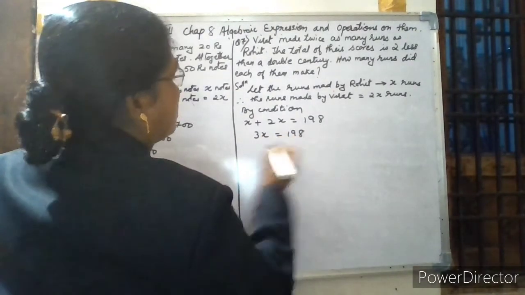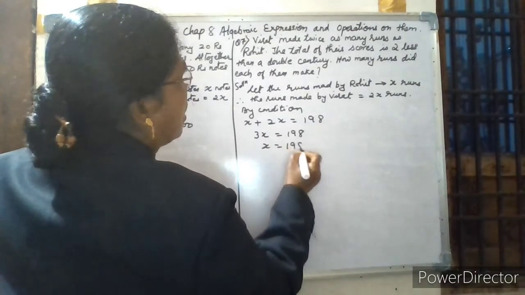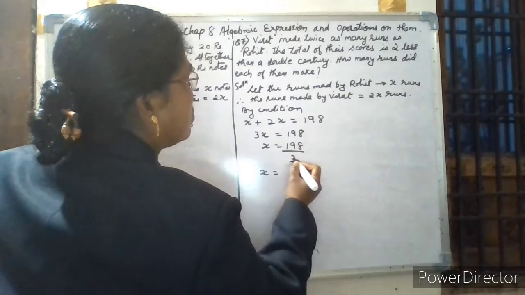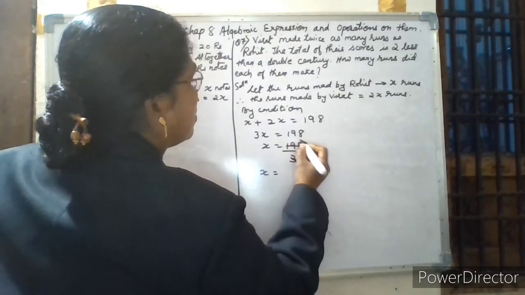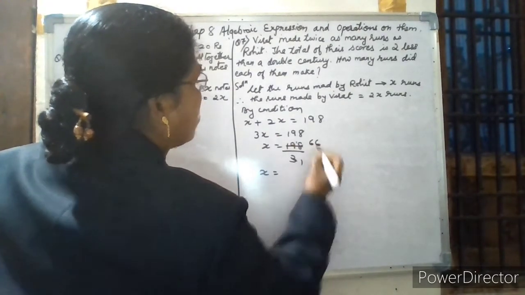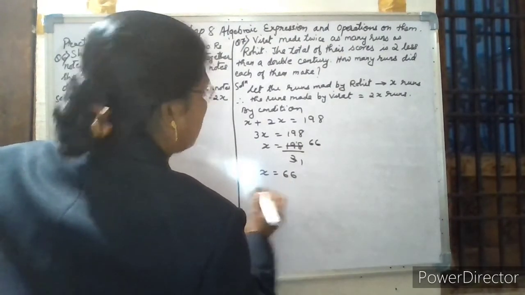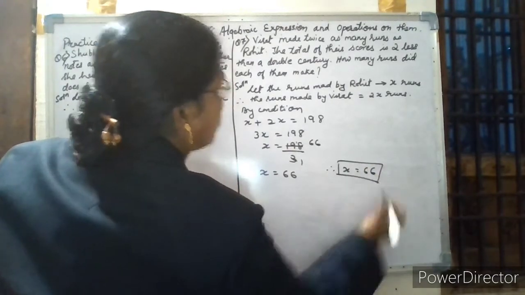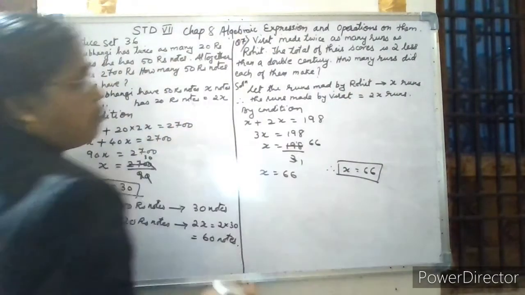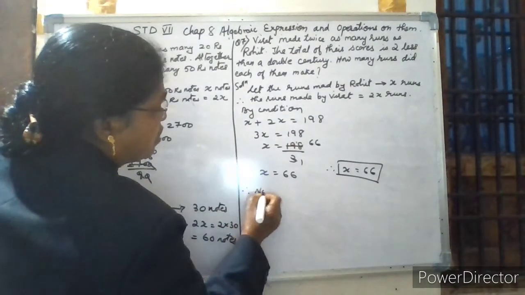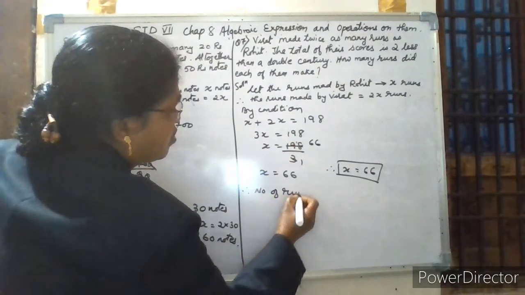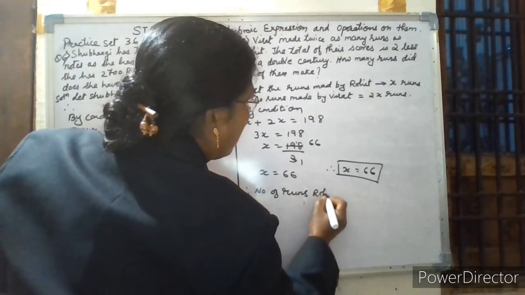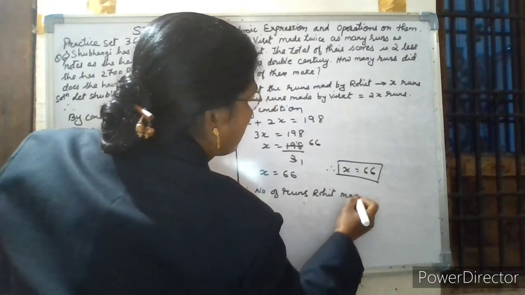X is equal to 198 divided by 3. So 3 ones are 3, 3 sixes are 18, carry 1, 3 sixes are 18. So x is equal to 66. Therefore, x value is equal to 66 here. What is x? That is runs made by Rohit. Therefore, the number of runs Rohit made is equal to 66.